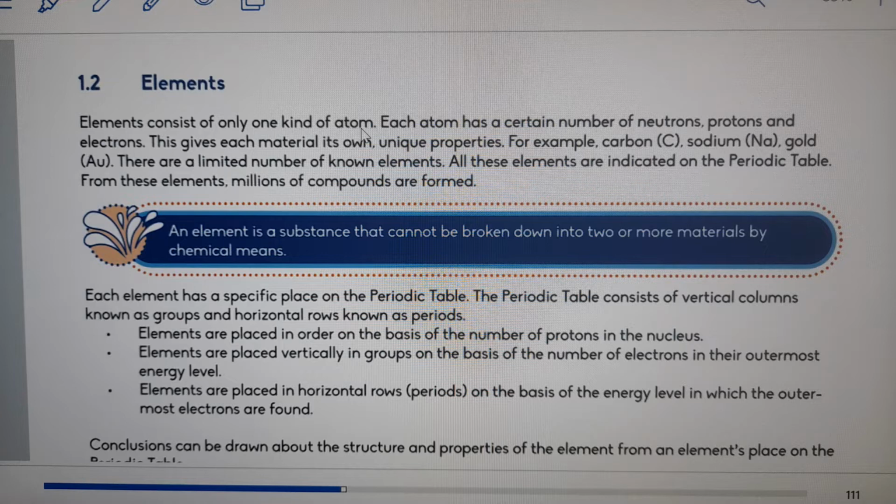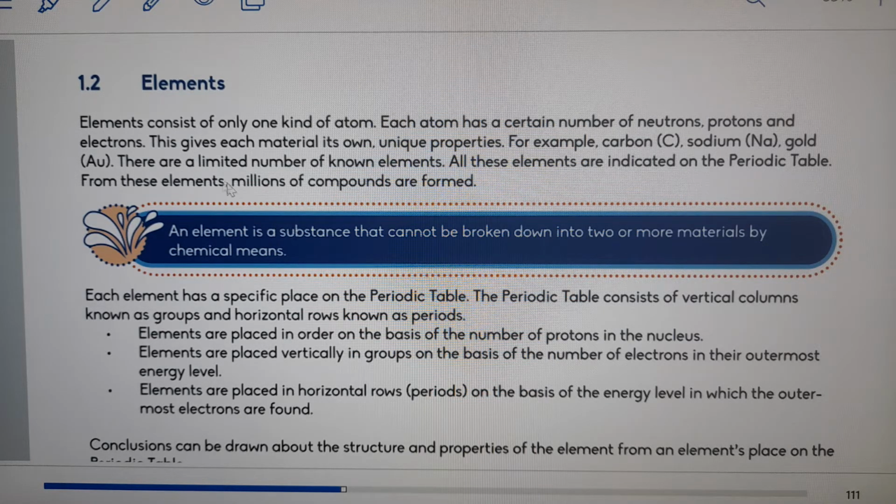They repeat what we have learned yesterday. Each atom has a certain number of neutrons, protons, and electrons. Remember the drawing for the atom: we have the neutrons and protons in the center, which is the nucleus. Together, the neutrons and protons we call nucleons, and they make up the mass of the atom.